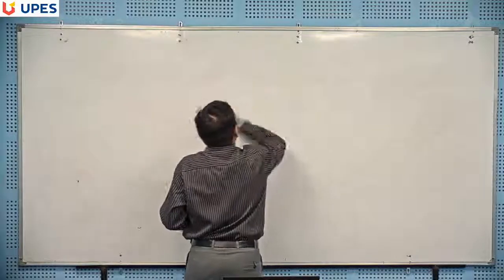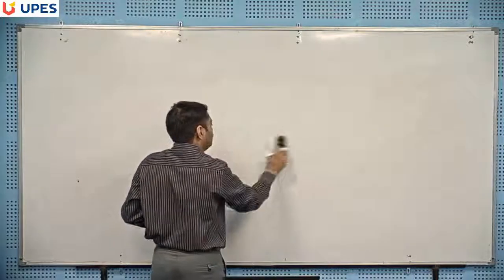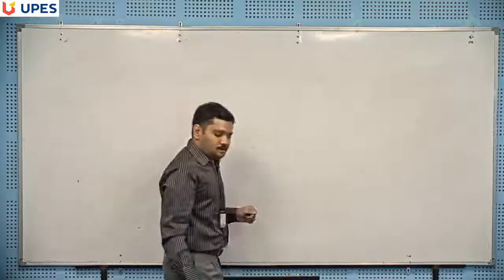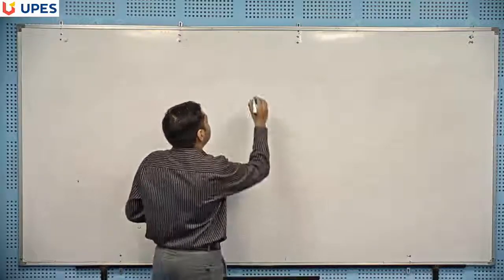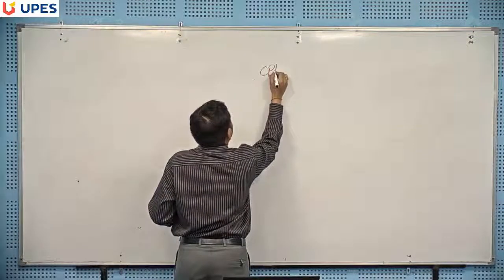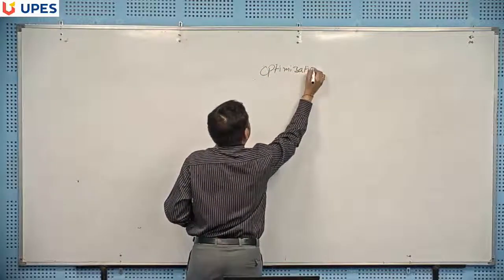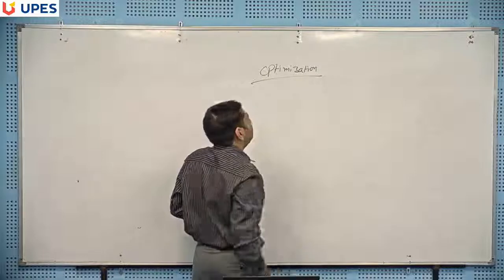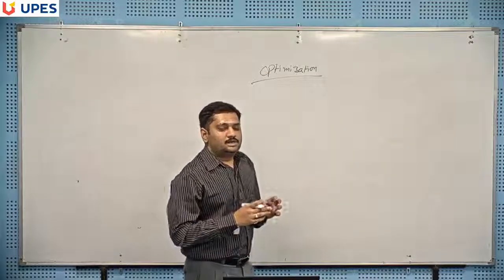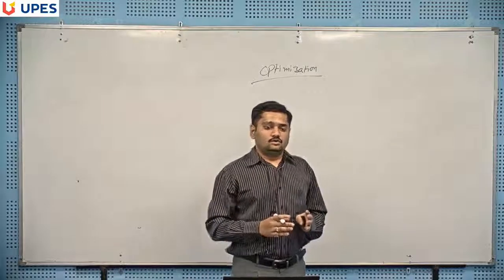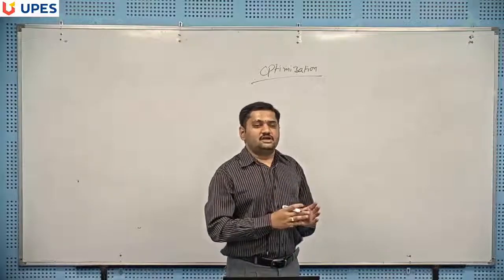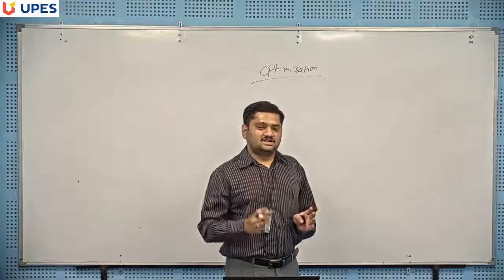We will recap whatever we discussed in today's lecture. Initially we started the discussion on optimization problems. In an optimization problem, we know there will be an objective function and certain constraints.